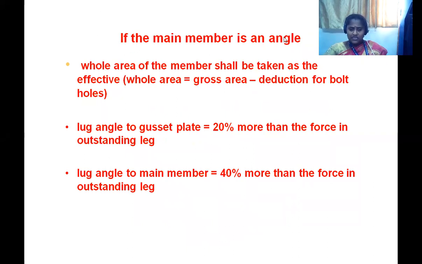If the main member is an angle, the whole area of the member shall be taken as effective. Lug angle to gusset plate: 20% more than the force in the outstanding leg. Lug angle to main member: 40% more than the force in the outstanding leg.